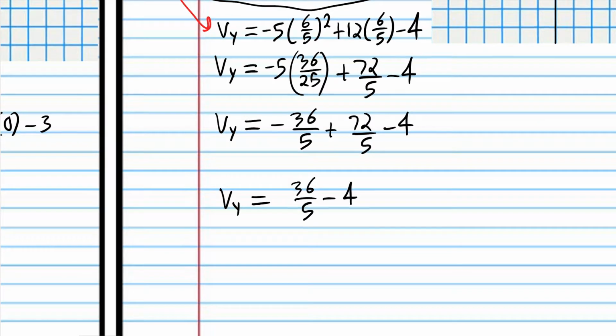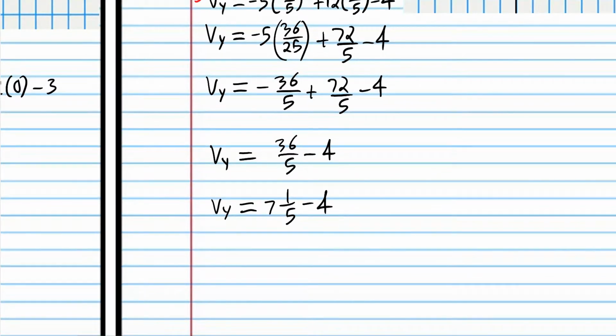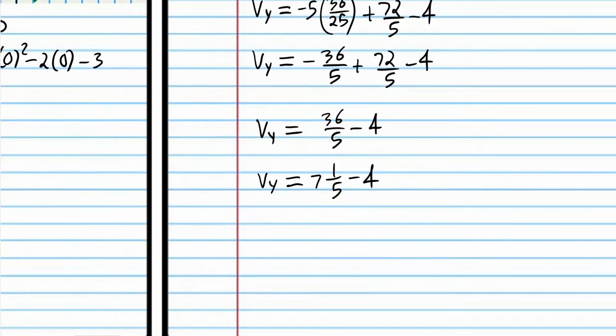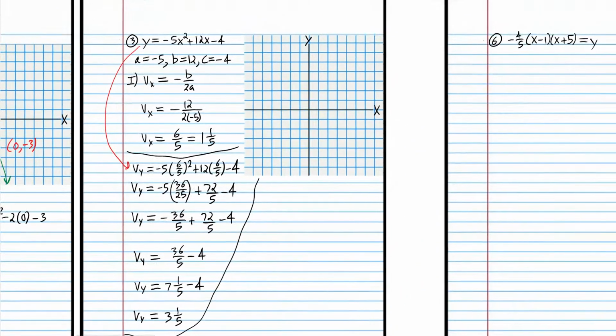And because we're going to graph, we want to probably use mixed numbers anyway, so I'm going to change this to a mixed number. 5 goes into 36 seven times, and there's a remainder of 1. And so then 7 minus 4 is 3, so we end up with 3 and 1/5. So that is the vertex, 1 1/5 and 3 1/5.